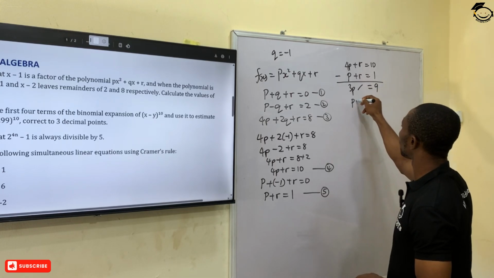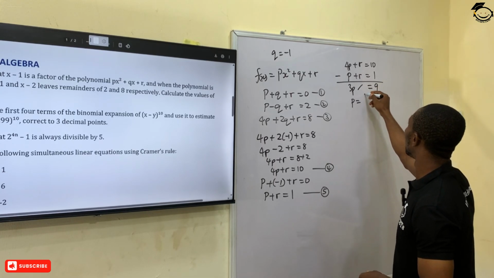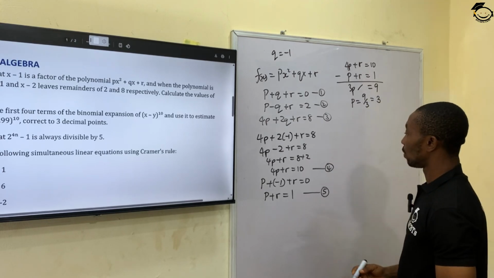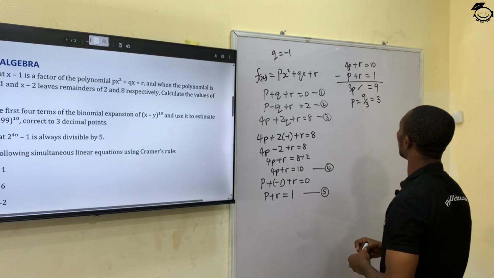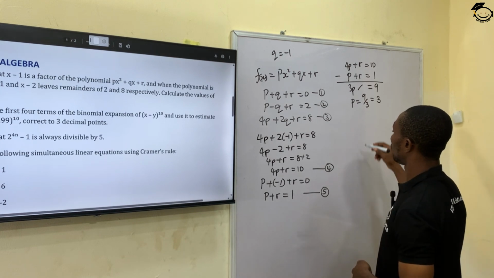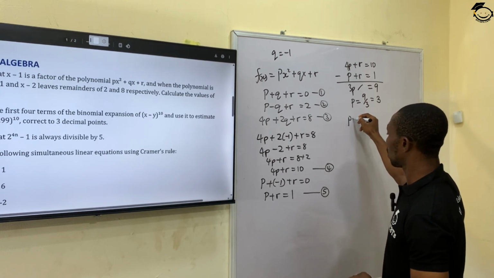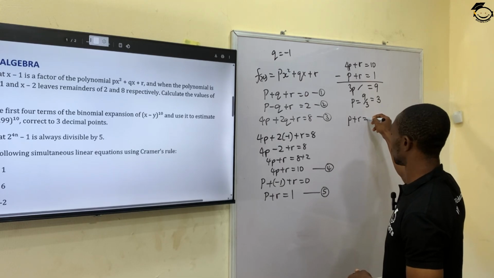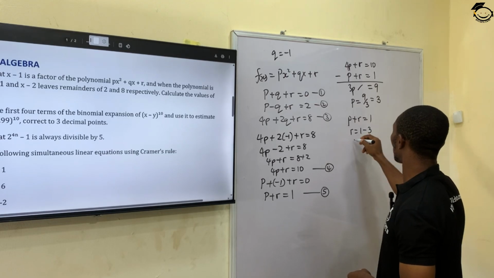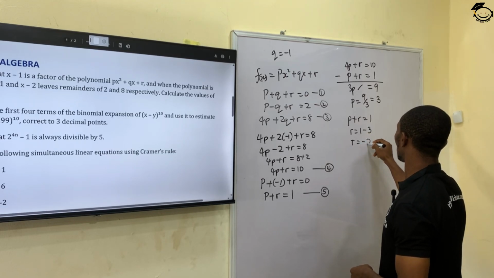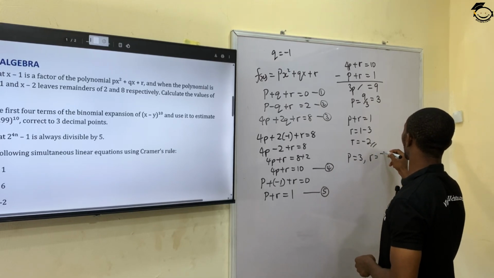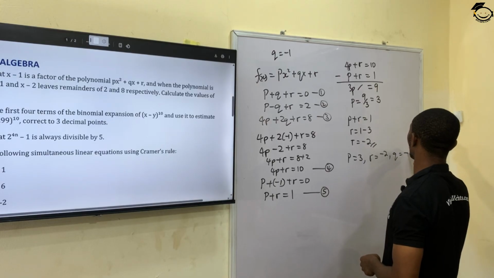So our p equals 9 over 3, which will give us 3. Now, knowing that our p equals 3, we can now find our r. So our p plus r equals 1. So r equals 1 minus 3, which will give us r equals minus 2. So p equals 3, r equals minus 2, and q equals minus 1.